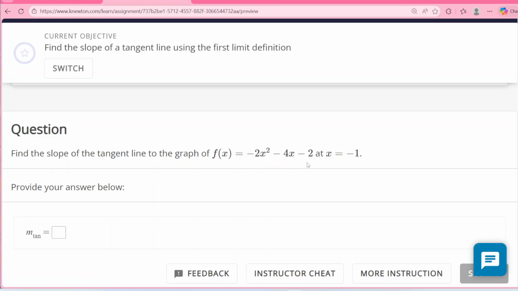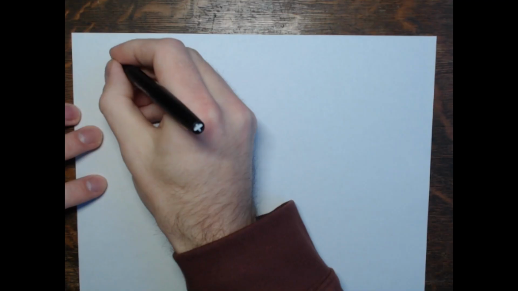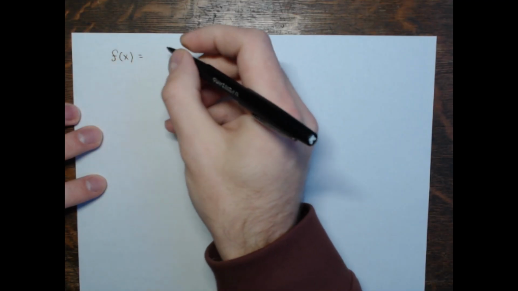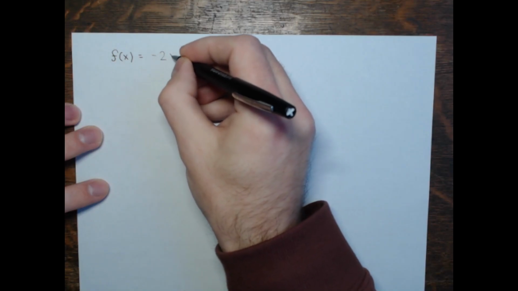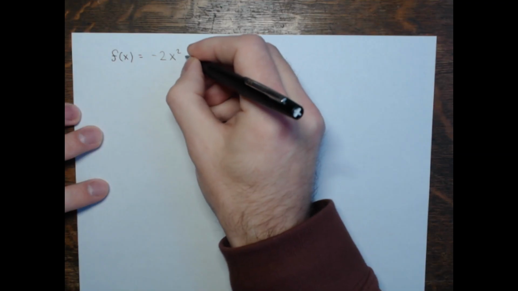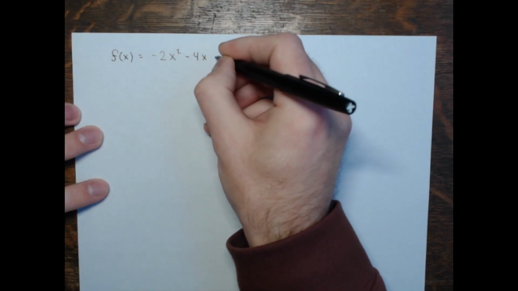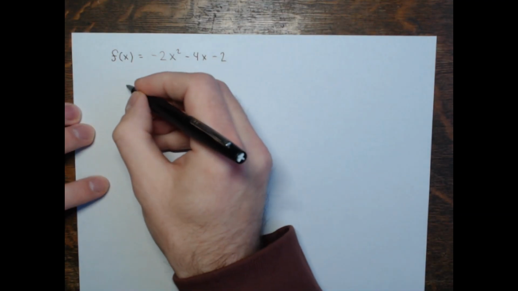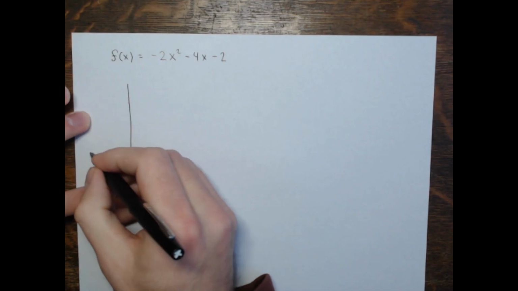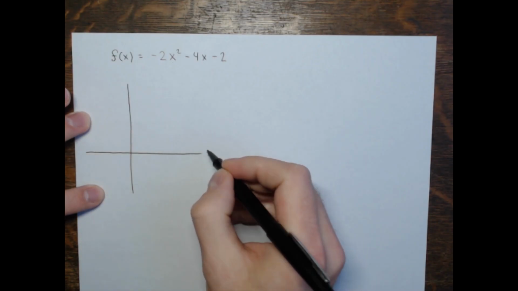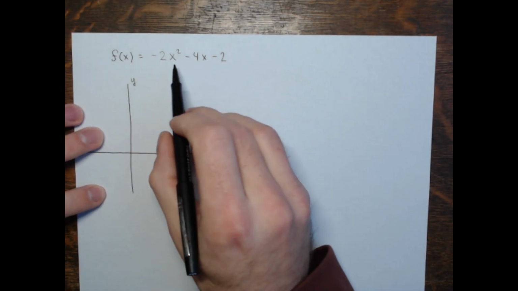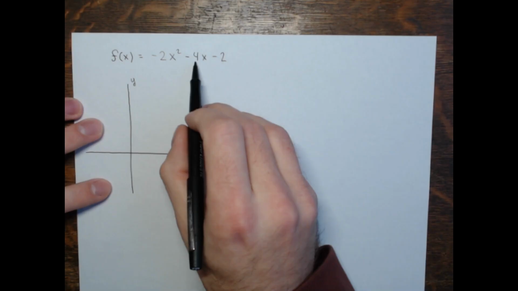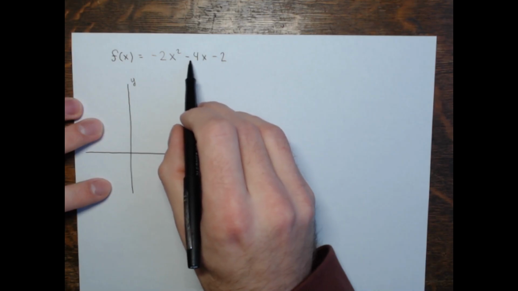And I'll try to draw a sketch of this as well. All right, so my function, this quadratic function, negative 2 times x squared minus 4x minus 2. I'll show you the graph of this. Just remember that the axis of symmetry would be the opposite of b over 2a, right?